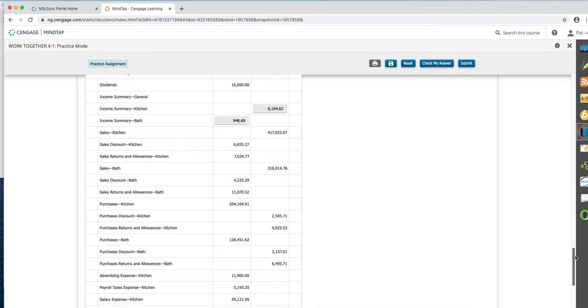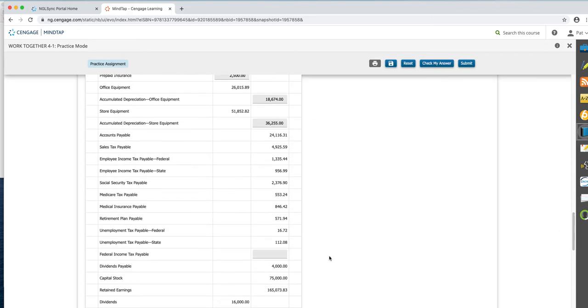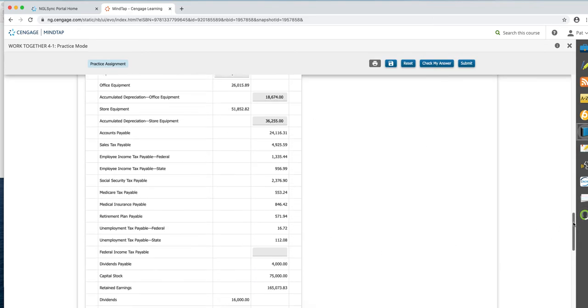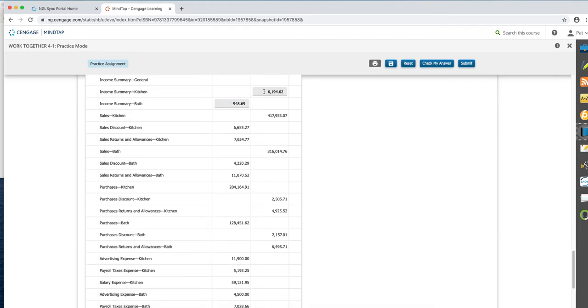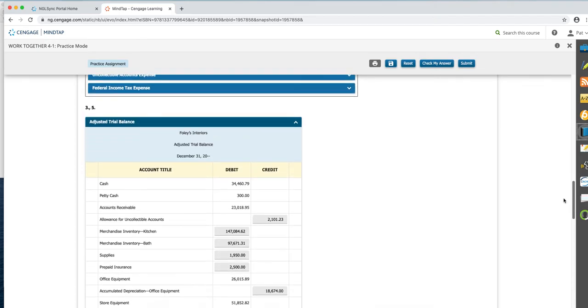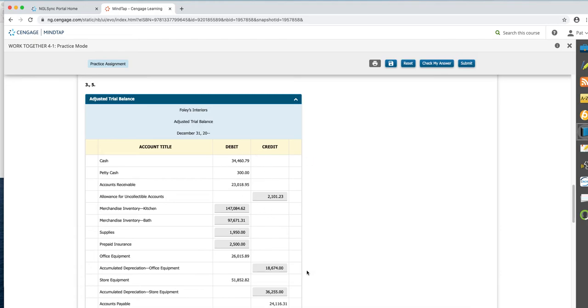So anything from dividends up is balance sheet accounts, and below dividends is income statement accounts. So dividends was our ending balance sheet account. So we don't have anything in general, even though it's listed, that's fine. So you'll add up these credit amounts. Why? Because they're the income statement account. We only have one thing.